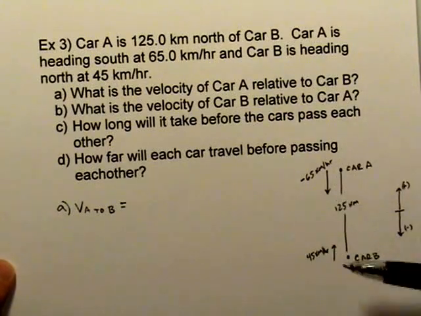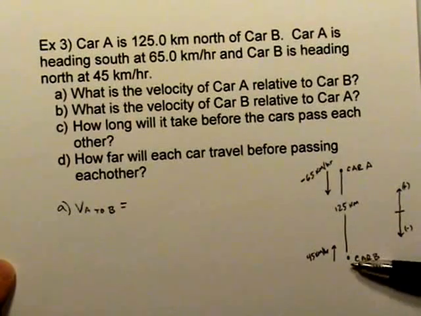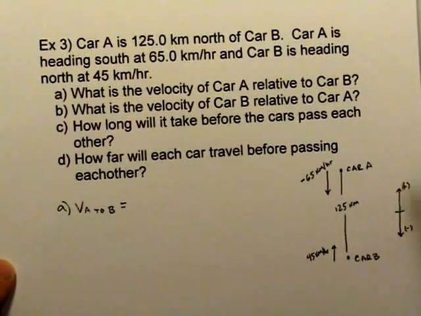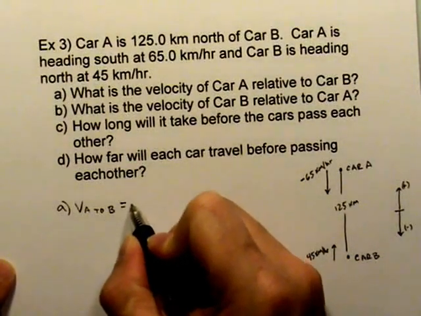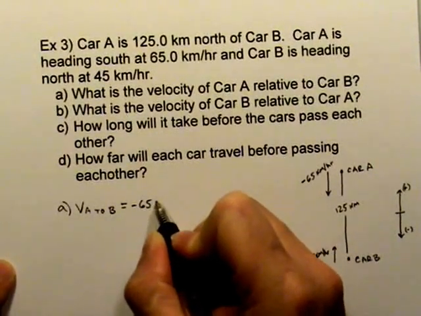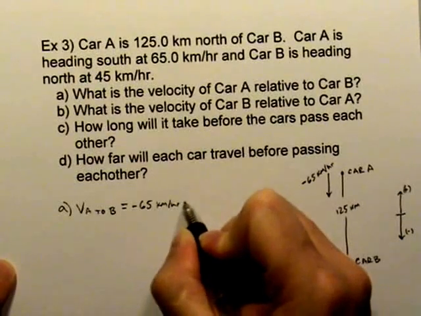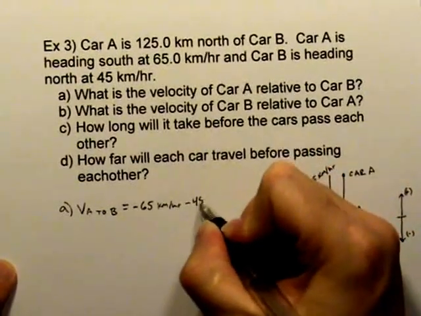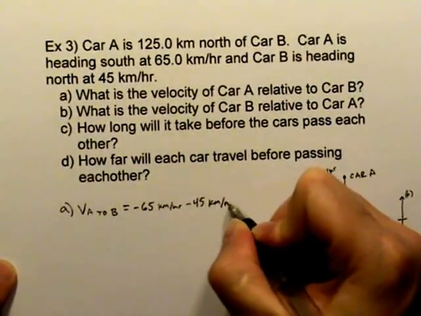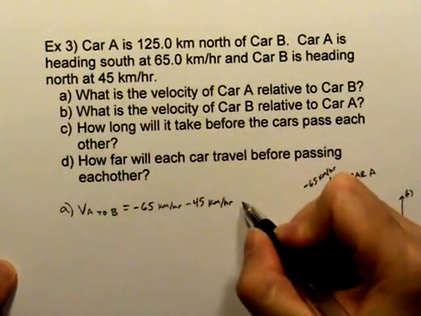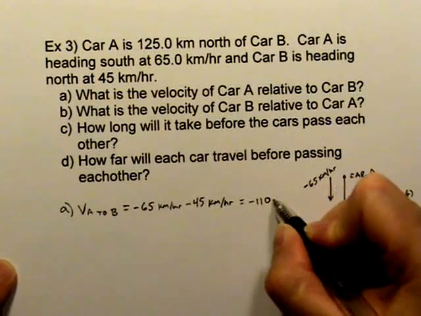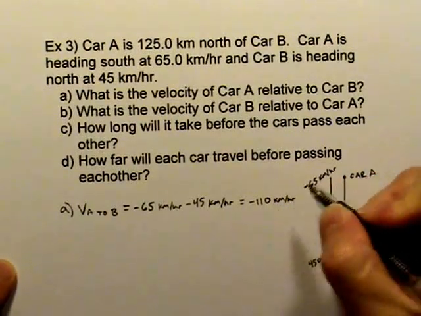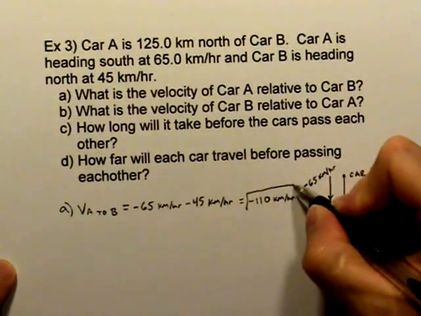So if I'm looking from the viewpoint of B, I'm in car B, and I look at A, I see A traveling in the southward direction at the combined speed. So I would see the car moving at a negative 110 kilometers per hour.